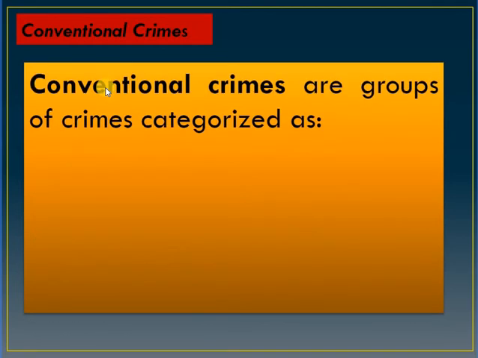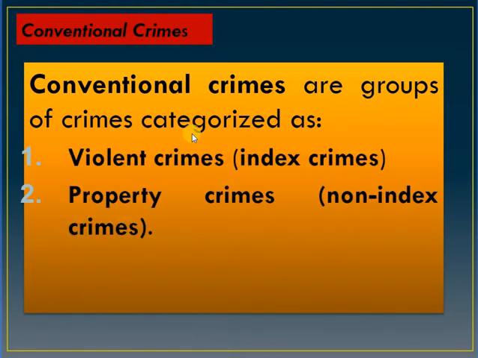So, what is conventional crimes? When we say conventional crimes, it's our group of crimes that are categorized as 2. We have violent crimes, which is what we call index crimes, and property crimes, which is what we call non-index crimes. When we say violent crimes, these are the crimes against the person, where there is injury within the person.